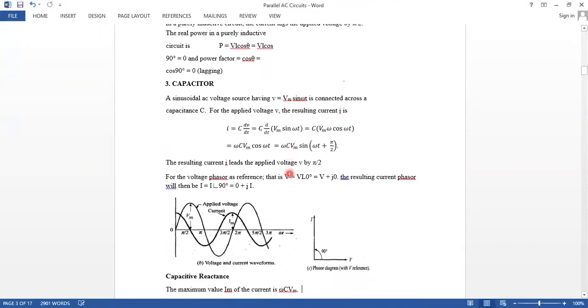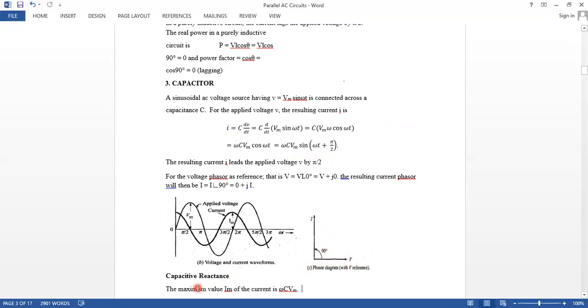Next, coming to the purely capacitive circuit. When we find the current in a purely capacitive circuit, we see that it is given by Im sin omega t plus pi by 2. That is, the current is leading the voltage by an angle of 90 degrees, or the voltage is lagging the current by 90 degrees.